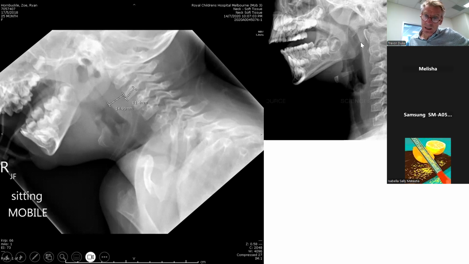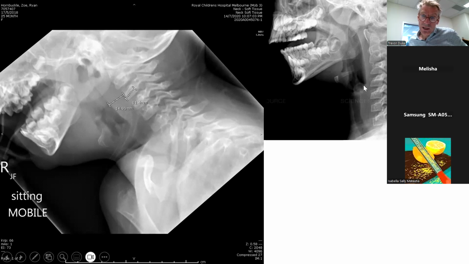The airway, the black part, is wide open, and the soft tissue space behind the retropharynx and in front of the vertebral body is relatively narrow, whereas here the airway is open, but there's a large swollen soft tissue space behind the retropharynx, and that's, as I said, typical of a retropharyngeal abscess.